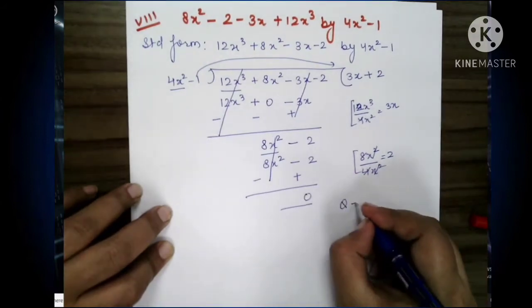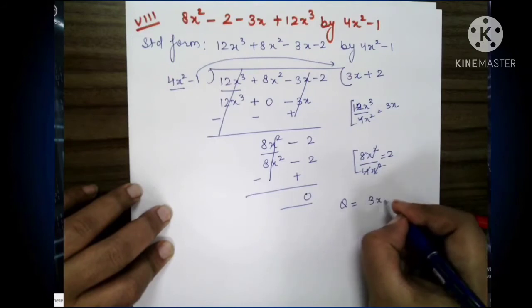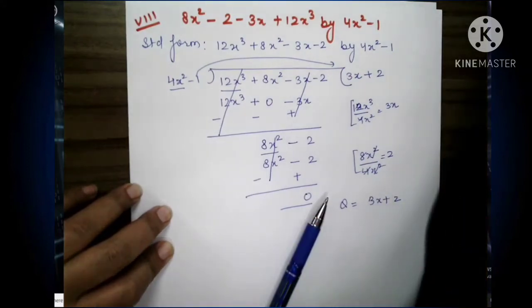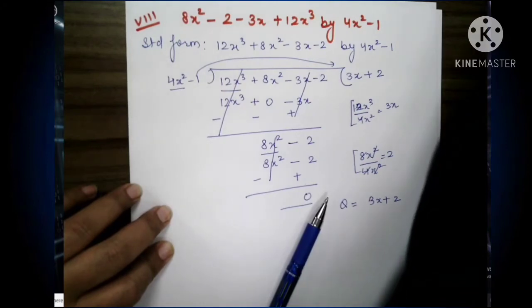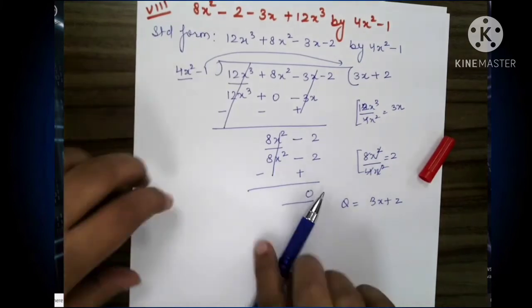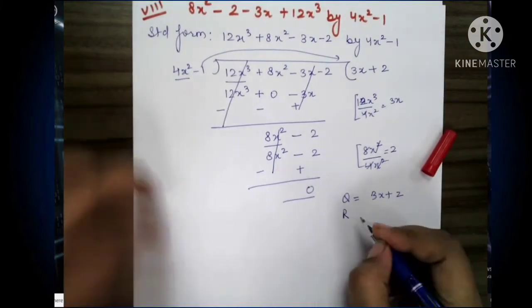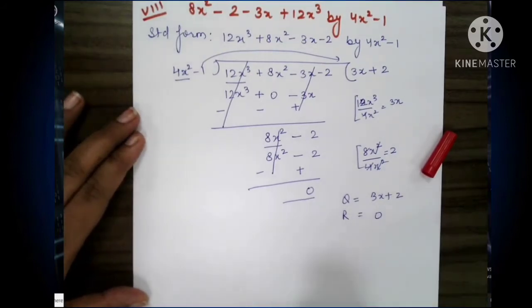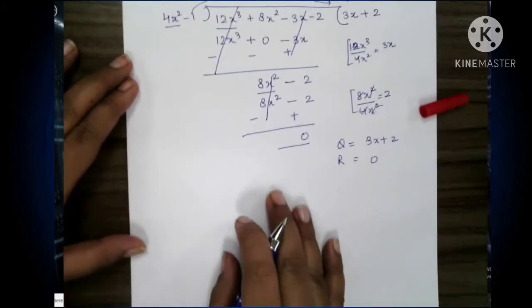In this, our quotient is 3x plus 2 and the remainder is, just a sec, remainder is equal to 0. Okay, let us check.